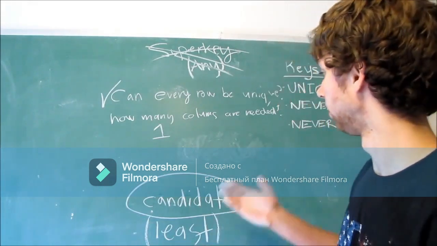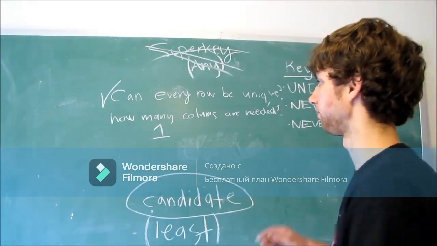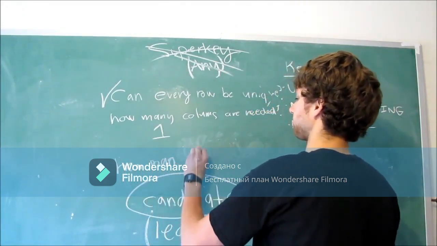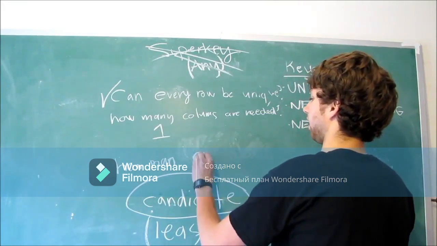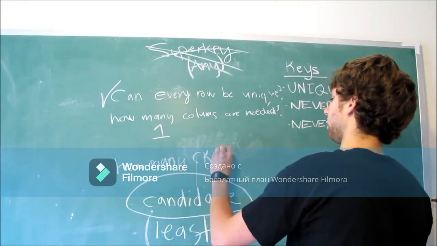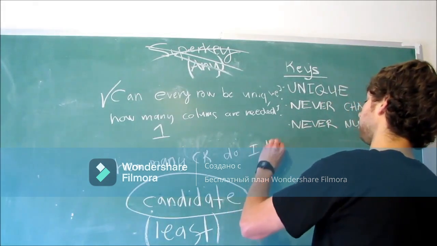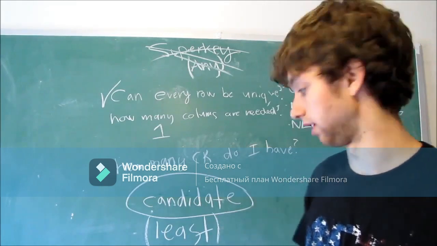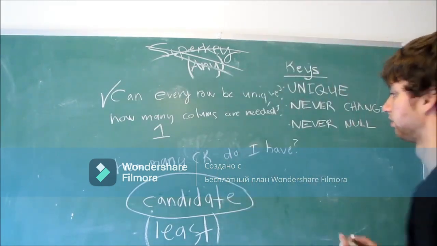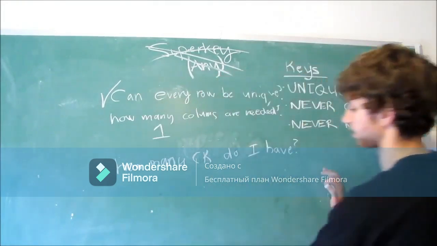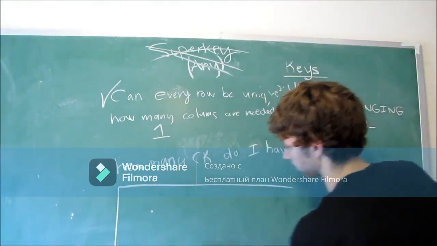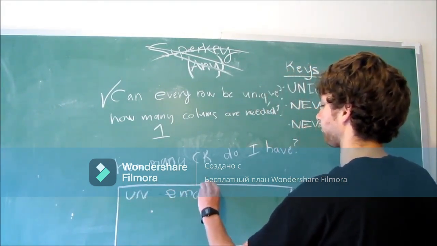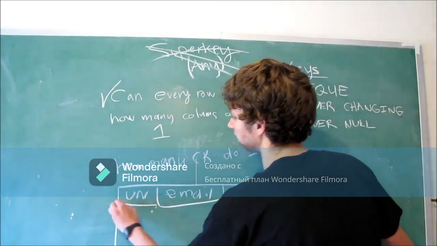Now, the next thing I like to figure out is how many candidate keys do I have? I'm just going to use CK for candidate keys. How many CK do I have? What does this mean? Well, we can actually have more than one candidate key. In the last example, we had a username. We also had an email. Okay?